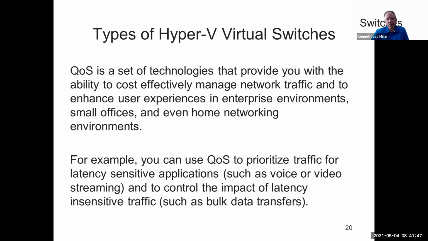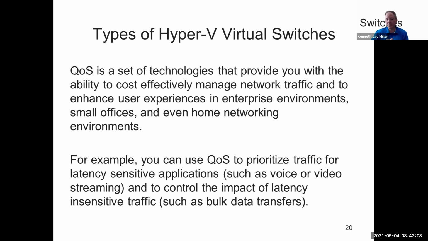All right. So quality of service is a set of technologies that provide you with the ability to cost-effectively manage your network traffic and to enhance user experiences in enterprise environments, small offices, and even home environments.